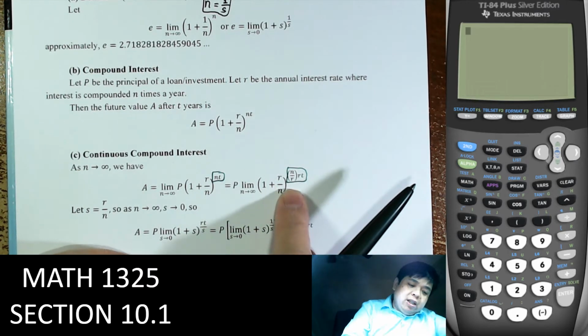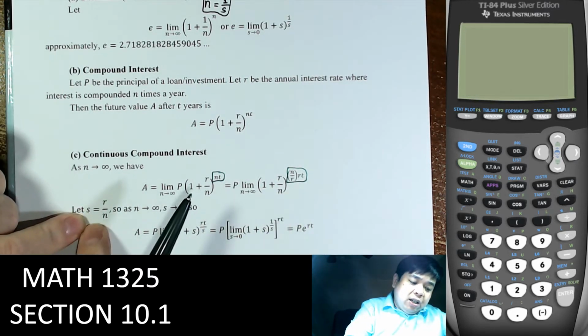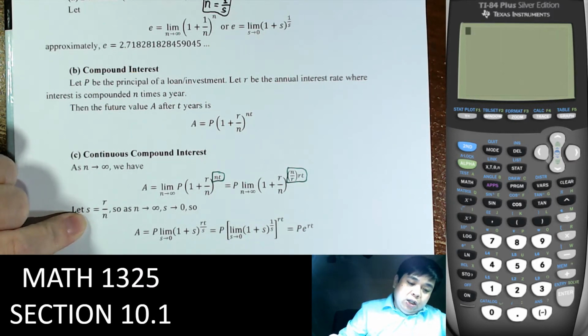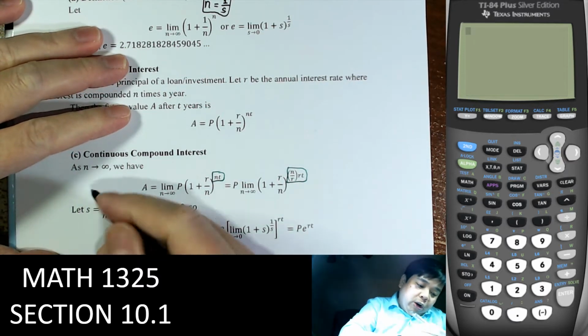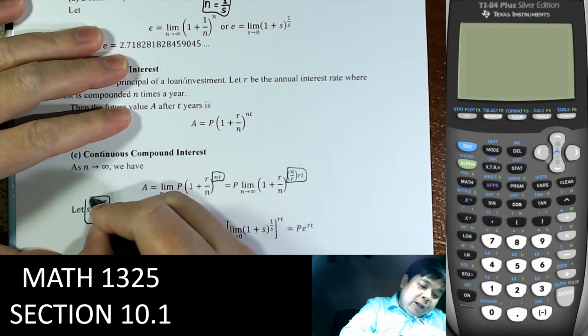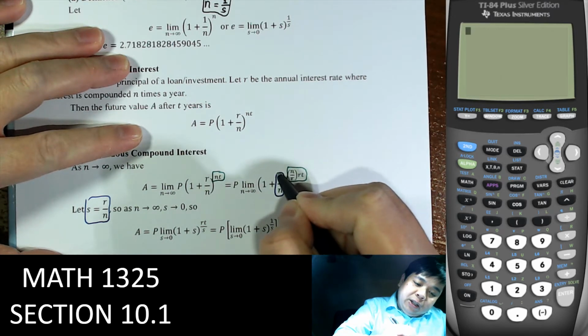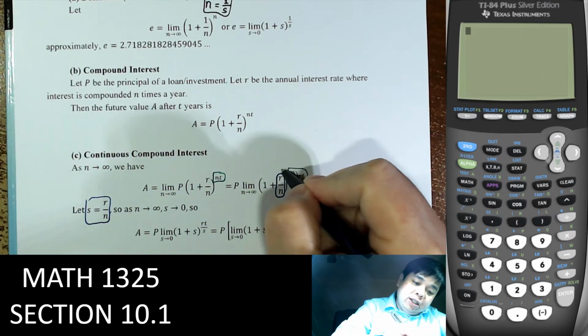Now when we see this, if we let s equal r over n, the r over n here is going to be equal to s.